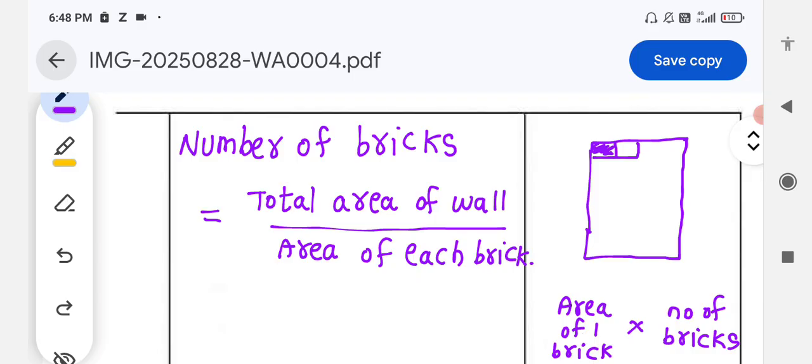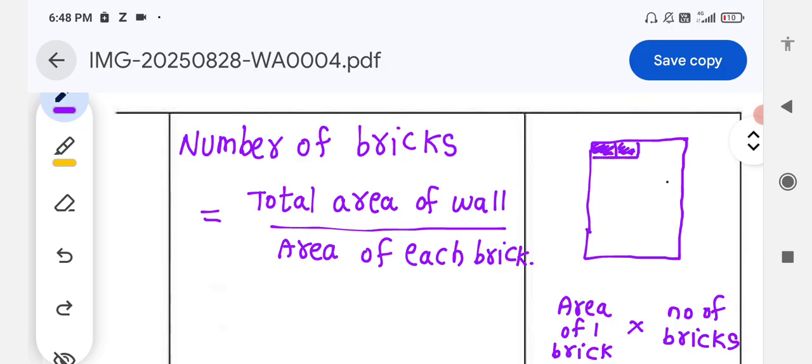Why? Because area of one brick plus area of another brick plus area of another brick, like that, if you add it as many times as there are bricks, what will you get? You'll get the total area of the wall.